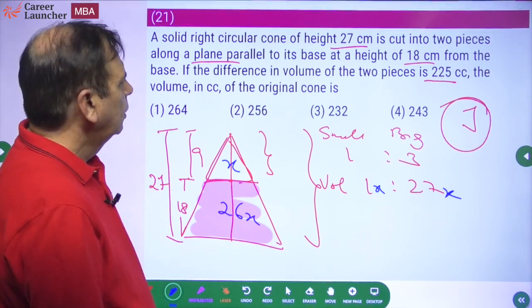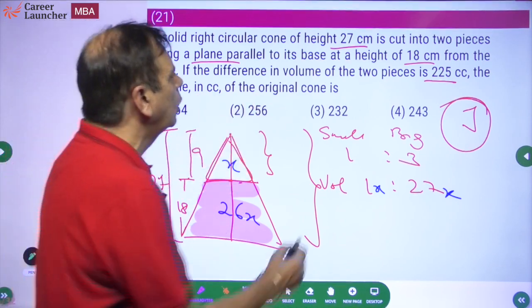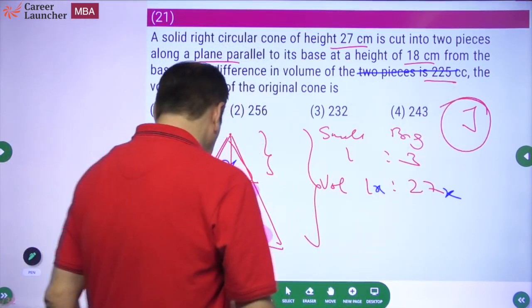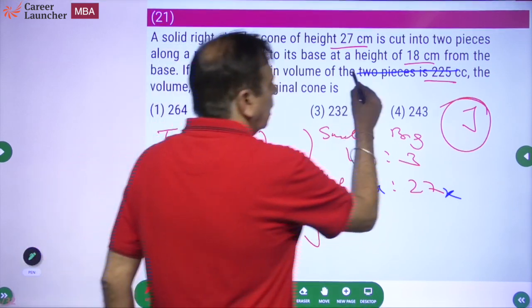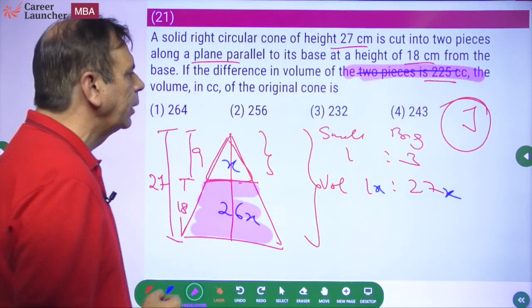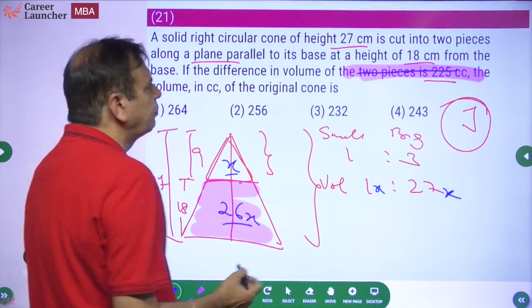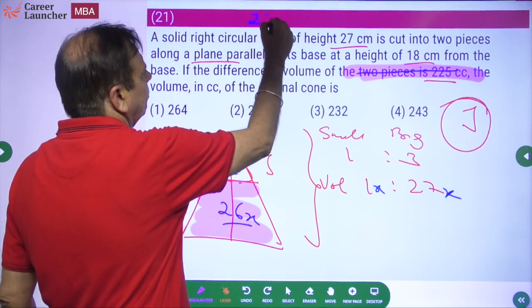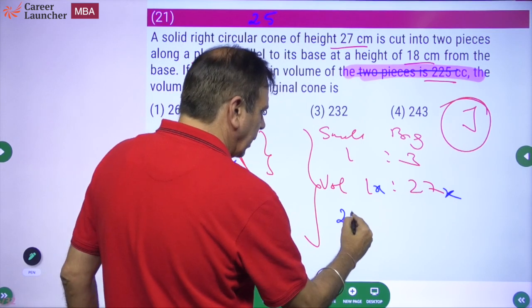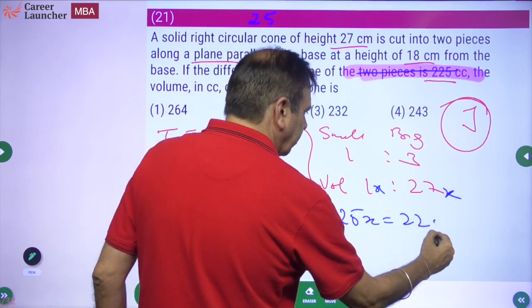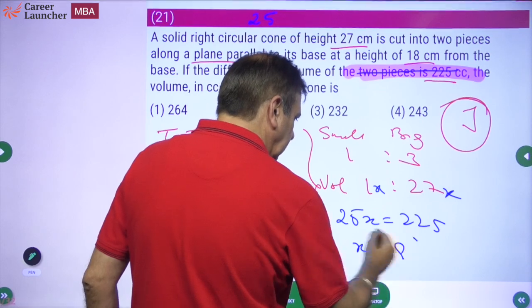So the question says the difference in volume of the two pieces is 225. What is the difference in volume of two pieces? 26x minus x, 25x has to be equal to 225, or x equal to 9.